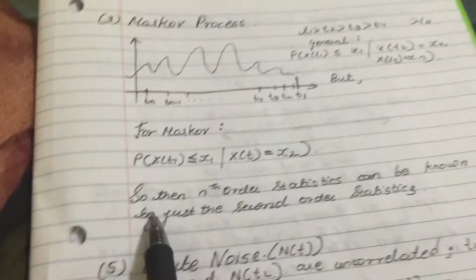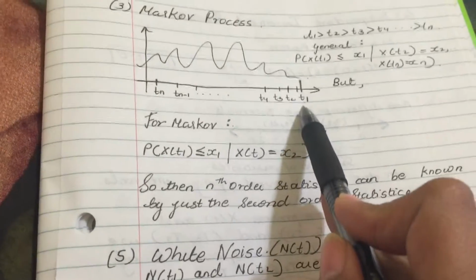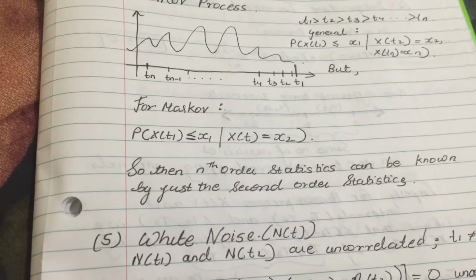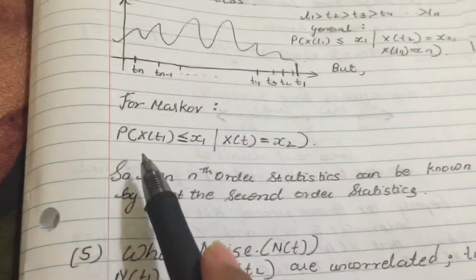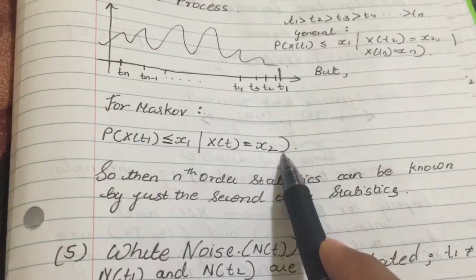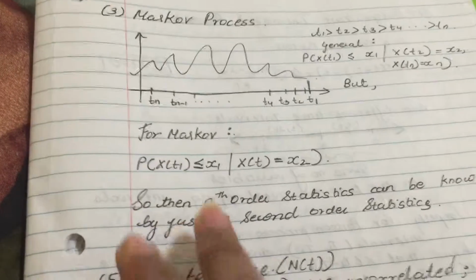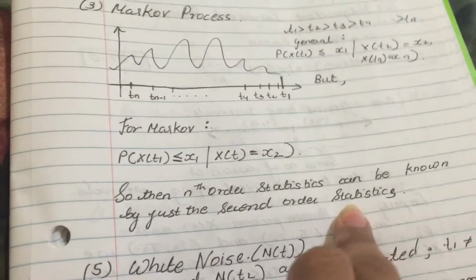So basically, we say that the probability of anything happening in a Markov process is only conditioned on its second order statistics. So it's easy to see that the probability of X of t1 less than or equal to x1 given X of t2 is equal to x2. So we can also say that the nth order statistics can be known by the second order statistics.